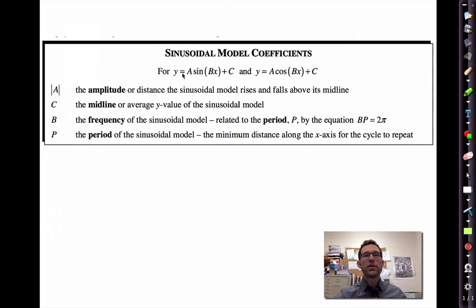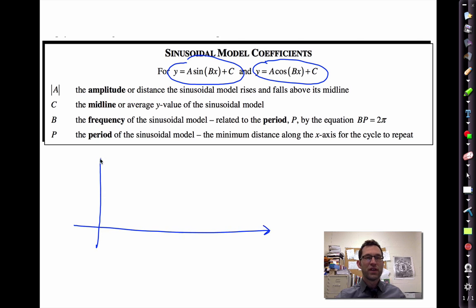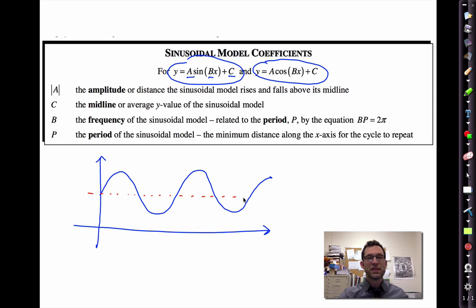All right. So when we take a look at trig curves that look like this or this, and of course whether we use sine or cosine is going to depend on the situation. But let me just sketch a generic graph. Of course this could be a sine graph or a cosine graph, depending. But at the end of the day, we want to understand what the A, the B, and the C all are. So let's first talk, strangely enough, about the C value.